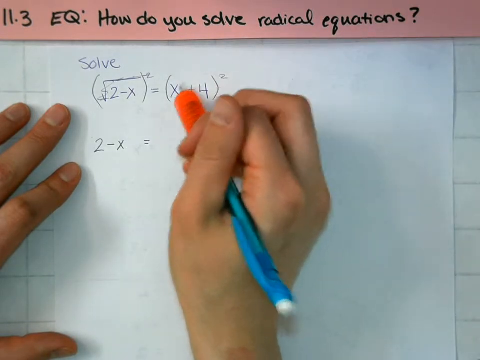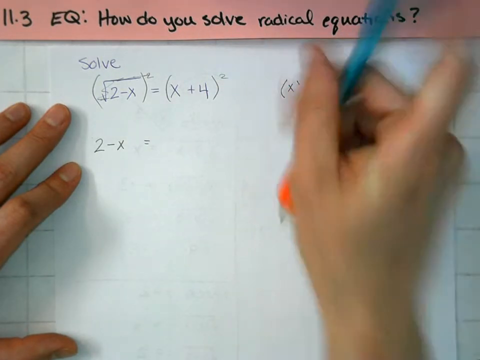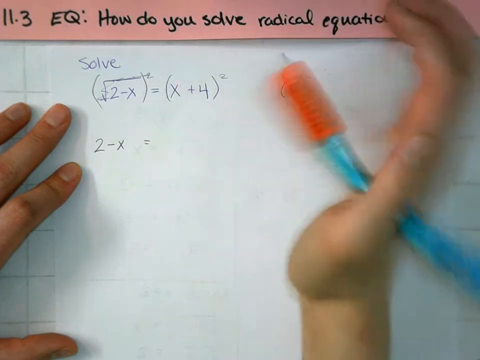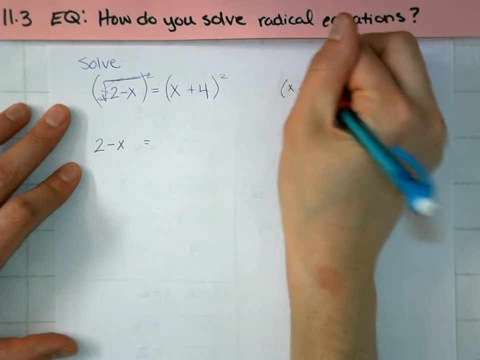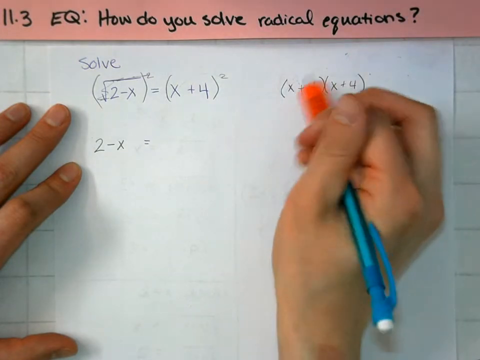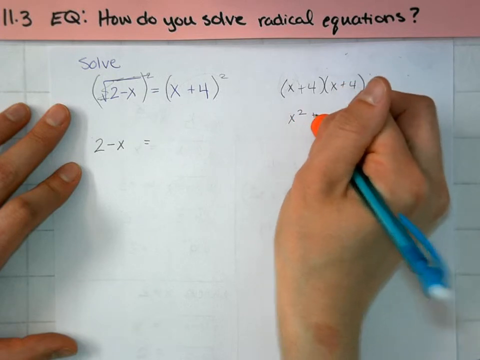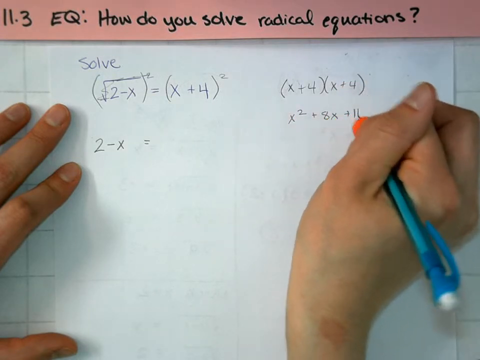You are not allowed to distribute that squared in there. So I'm going to be taking x plus 4 and multiplying it by x plus 4. I then use the FOIL pattern, which would give you x squared plus 8x plus 16.